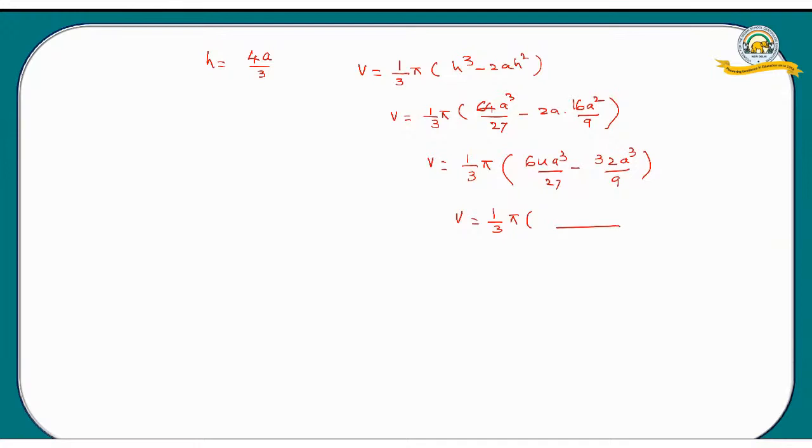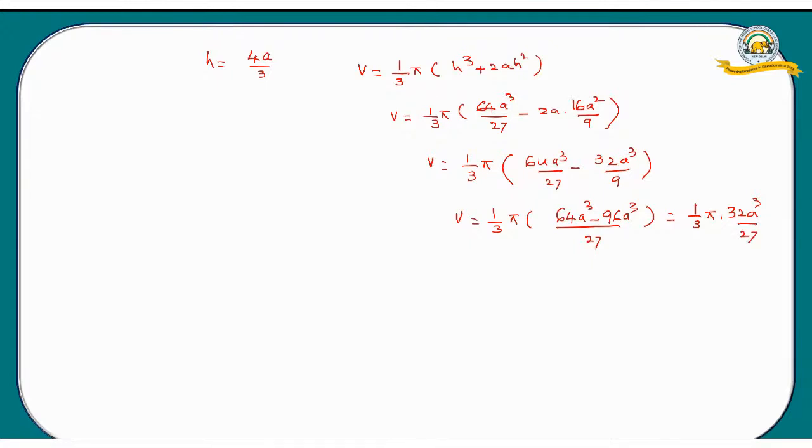Take LCM 27: 64a cube minus 96a cube, that is equal to 1/3 pi into 32a cube by 27.